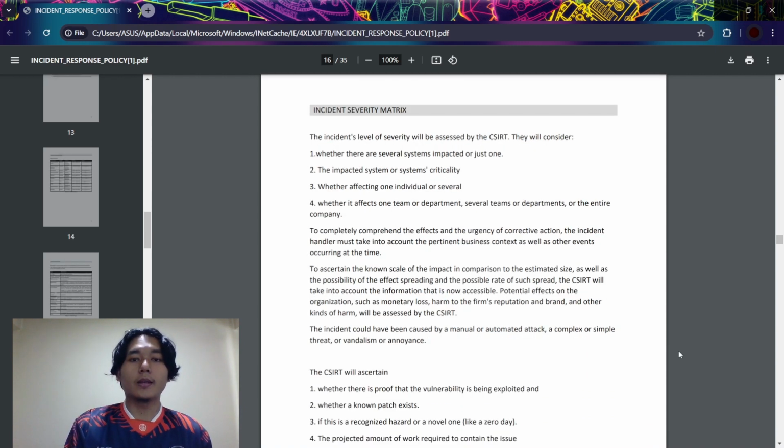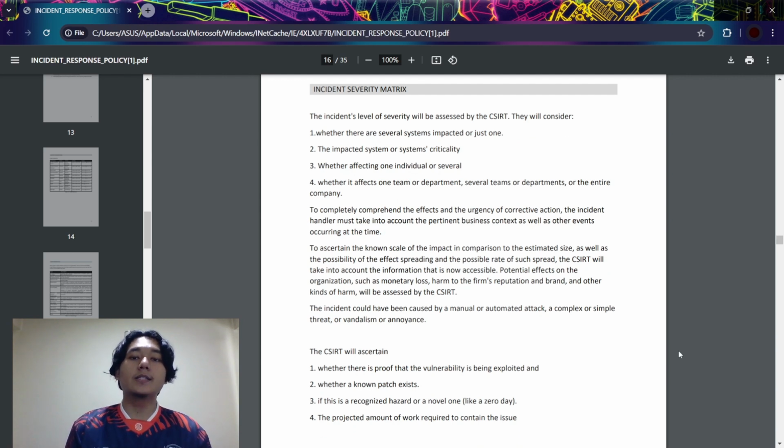Alright, the next one is the incident severity matrix. The incident's level of severity will be assessed by the CSAT. They will consider whether there are several systems impacted or just one, the system criticality, whether it affects one individual or several, whether it affects one team or department, several teams or departments, or the entire company.